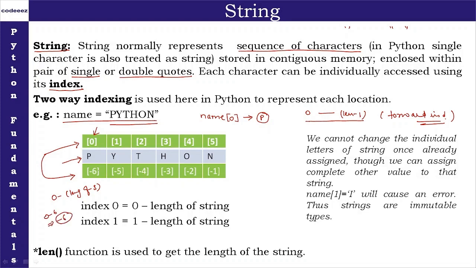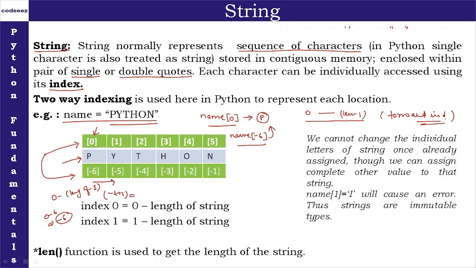So this is the backward indexing technique. So minus 6 will represent P here, means name, the variable's name, and minus 6 as an index. This will also access the first character, that is P, means name[0] and name[-6], both index numbers 0 and minus 6 are pointing to P. Now this will increase to minus 5, that is minus 6 plus 1.